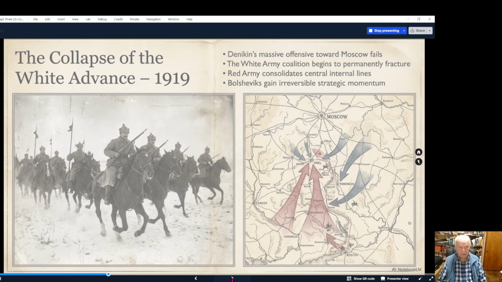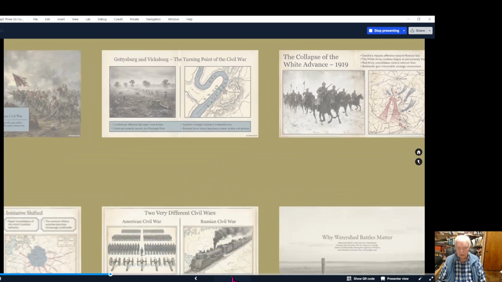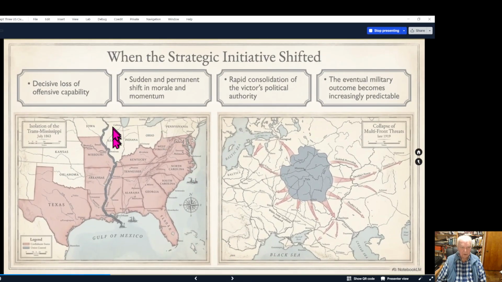So we see the collapse of the Confederates, and Lee will have some successes, but it's timely. And we see here that Denikin's attempt is pinched off and fails, and the Bolsheviks win there. And here you have Texas, Arkansas, Louisiana, Missouri now separated from the rest of the Confederacy, and the concept of Anaconda and separating and surrounding the Confederates is now in place, and will continue from there.